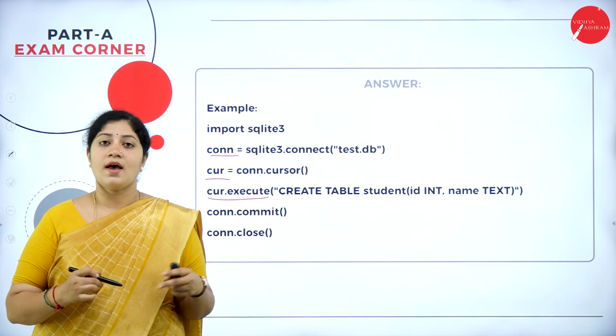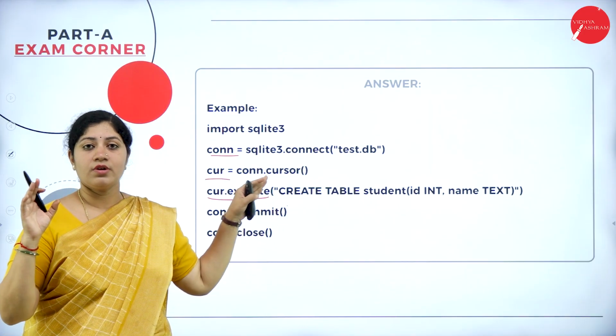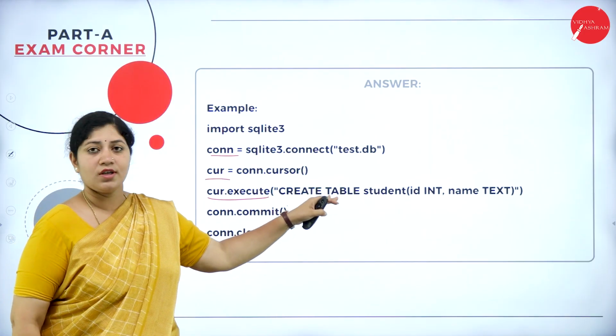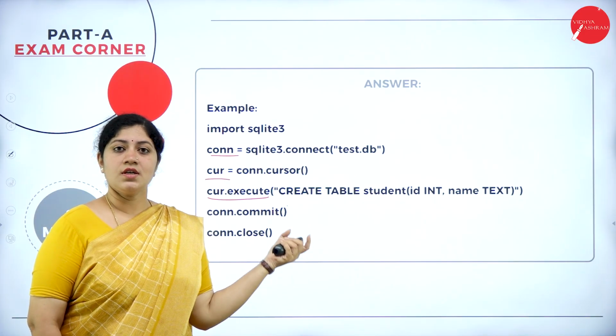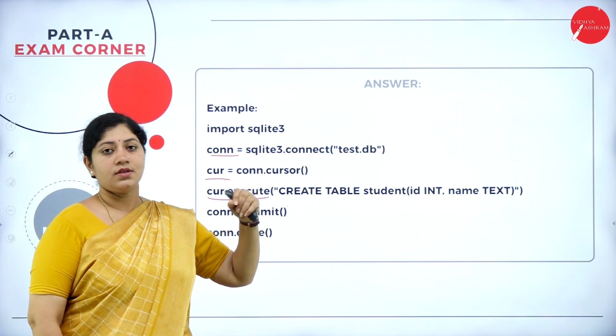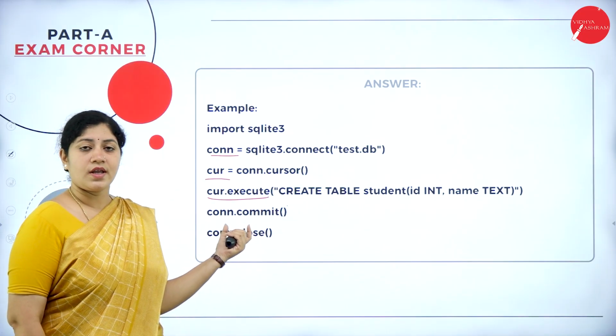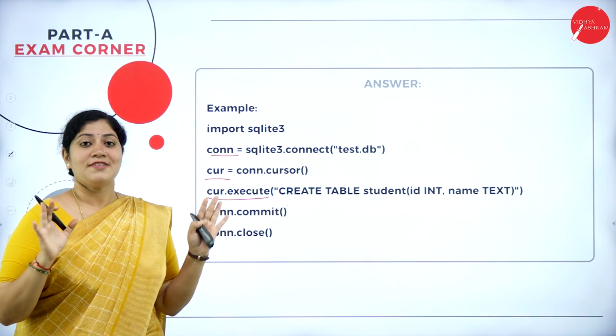Up next, I have to go with executing that. What's required? I need to create a table. So I'm mentioning it here. Create table with student ID. We are considering ID as integer and the student's name as text. Up next, I can write connect.commit, saying that yes, I'm fully and finally satisfied with this.